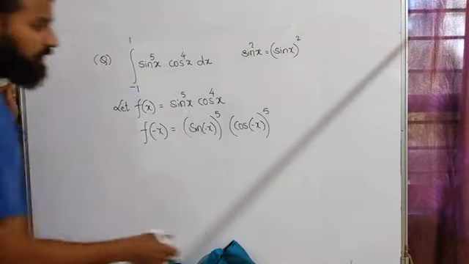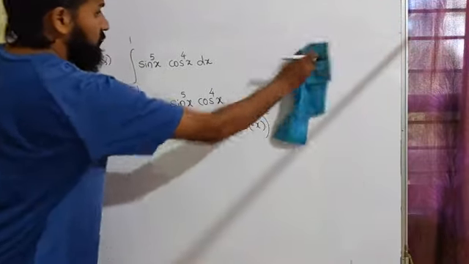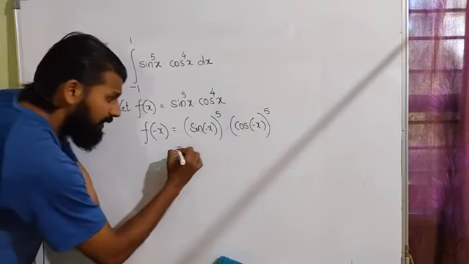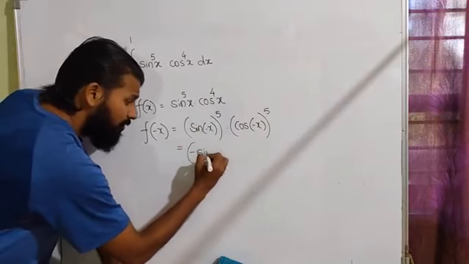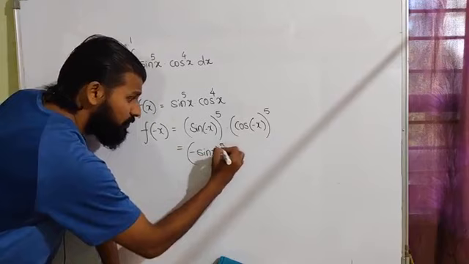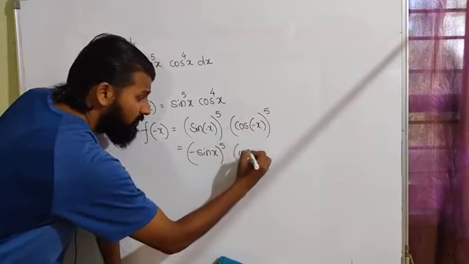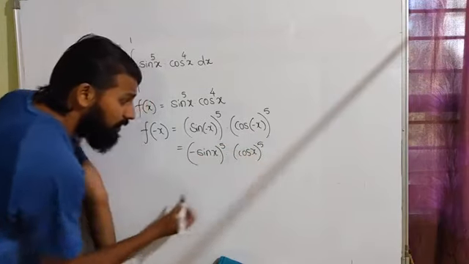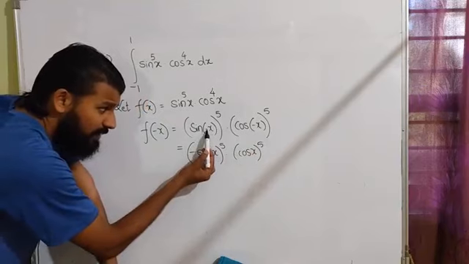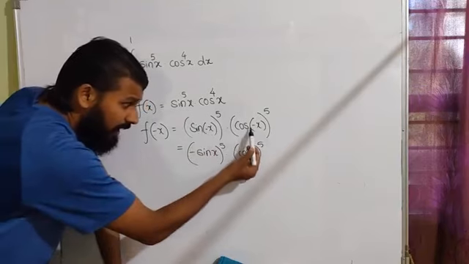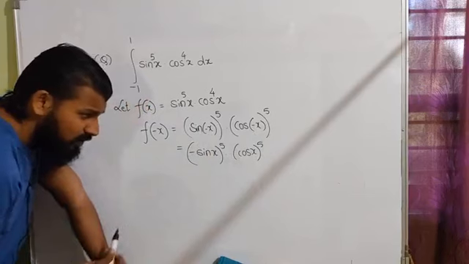No need to worry about it. So now let me write this: minus of sine x raised to 5 and cos x raised to 4. Because as we know, if minus is coming inside sine, it will come outside, and cos of minus x will always be cos x.